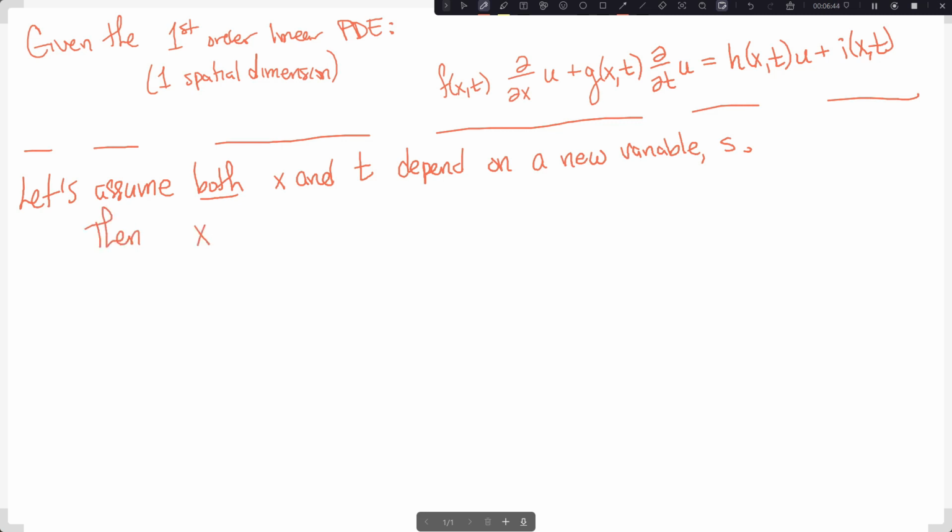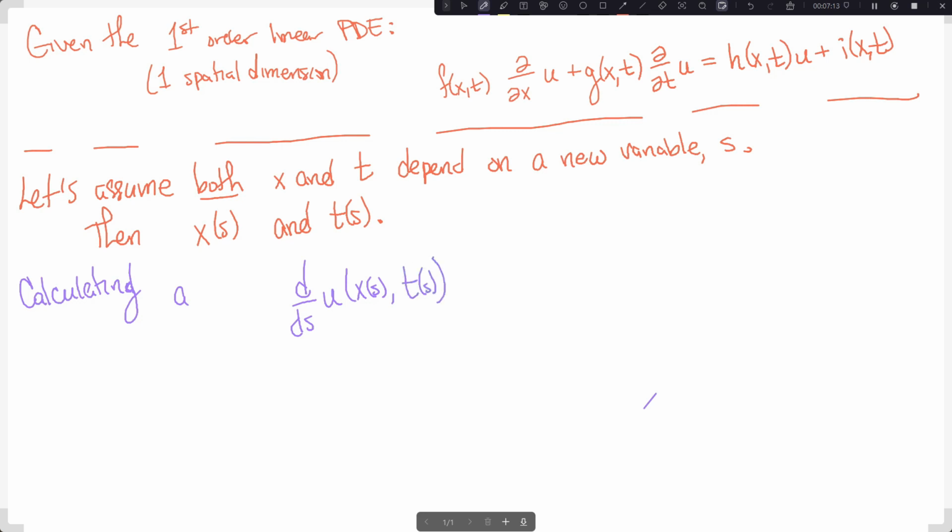Then x is really a function of s, and t is a function of s. Calculating a derivative in s of u of x and t, but now x is a function of a new variable, t is a function of a new variable.